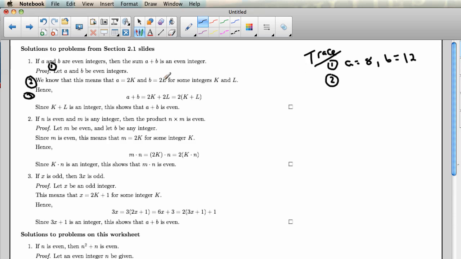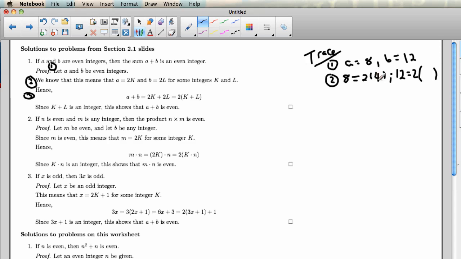So the second line says, we know this means that A is 2K and B is 2L. So that means that supposedly you know that my A is twice something, and you know that my B is twice something. And you know that because supposedly I promised that I was writing down even numbers. And so when we're tracing the proof, we're just really doing that.